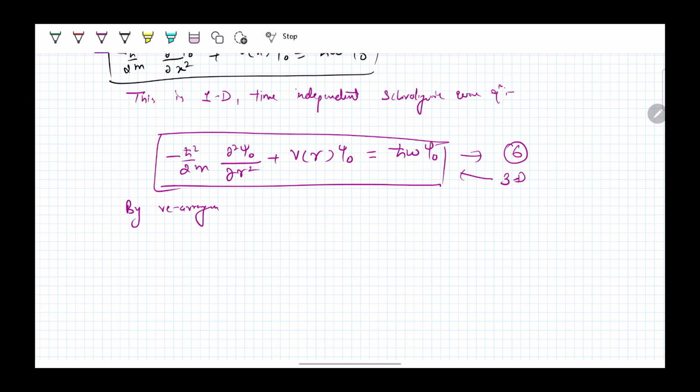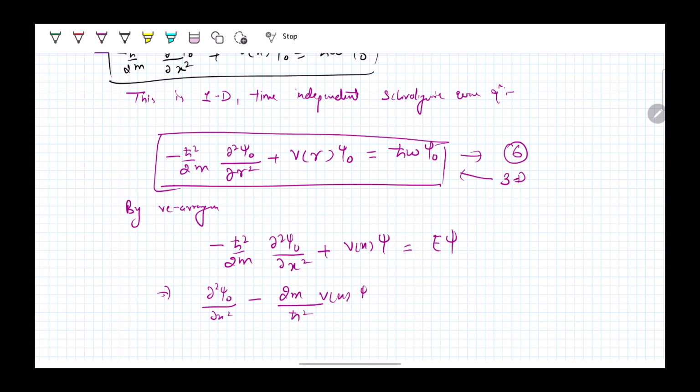So by rearranging, what we are getting is minus h cut square over 2m curly square psi naught over curly r square, or only if we are taking the x-axis, x square plus V of x psi is equal to E psi, h cut omega is equal to E. Now curly square psi naught over curly x square minus 2m over h cut square V of x psi is equal to minus 2mE over h cut square psi.